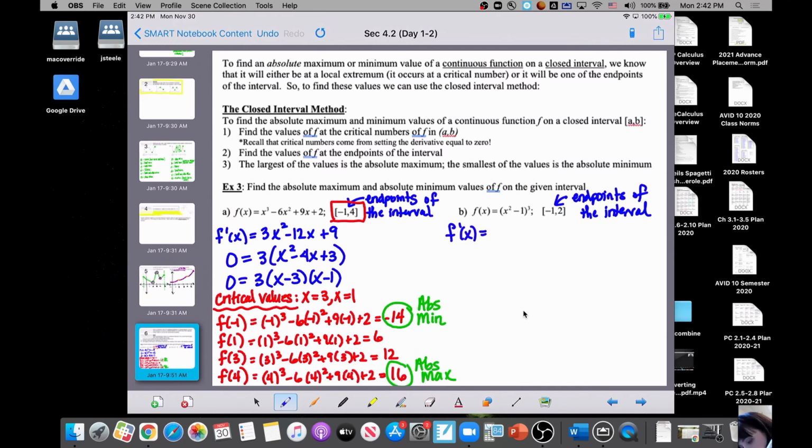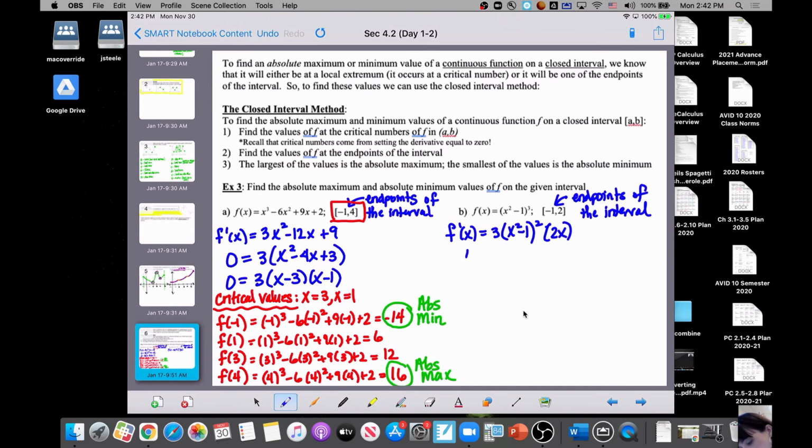So f prime of x is going to be equal to, this is going to be chain rule, because I've got something cubed, but the something is a function in itself. So I bring down the 3. X squared minus 1 stays the same. The exponent becomes a 2, but now I have to multiply by the derivative of x squared minus 1, which the derivative of x squared is 2x. The derivative of -1 is 0, so just 2x.